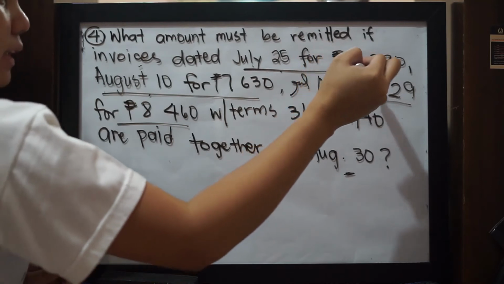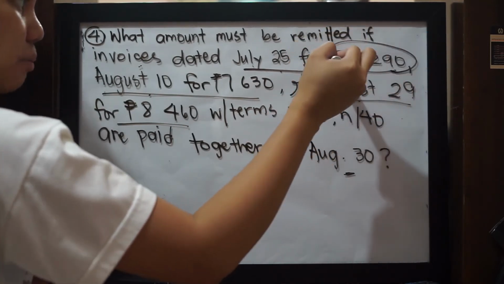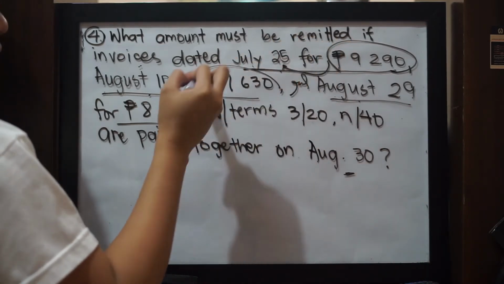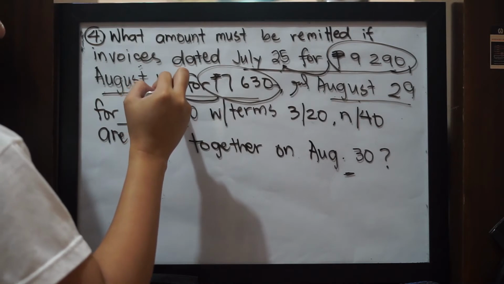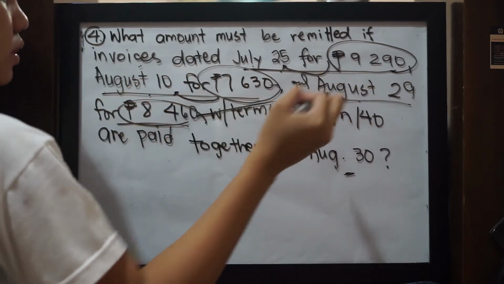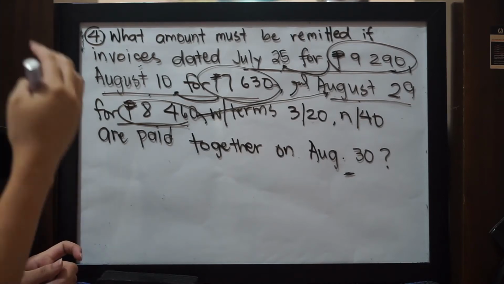Next, 9,290. Ito yung net price for July 25. Net price ulit for August 10. And then net price ulit for August 29. Bakit siya naging net price?